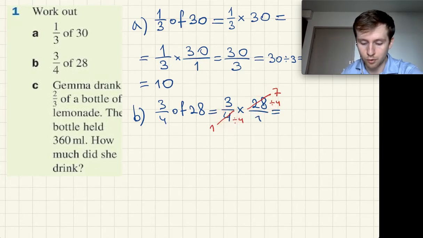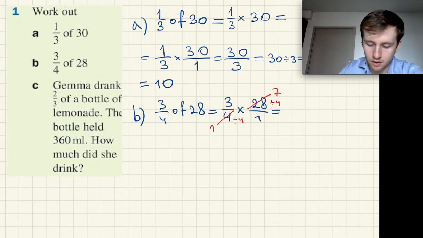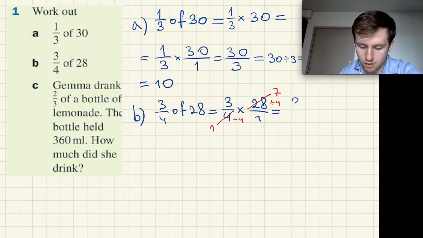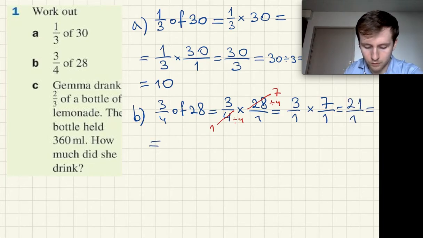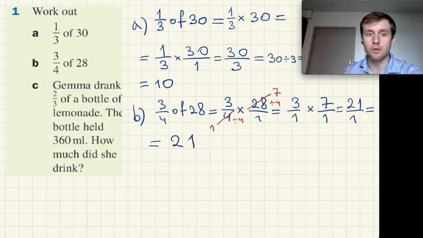Then we can cross them like this, and we can divide them by a common factor, which is 4 in this case. And so what we get is 3 over 1, because now it's 1 instead of 4, times 7 over 1, right? Which is equal to 21 over 1, which is equal to just 21.